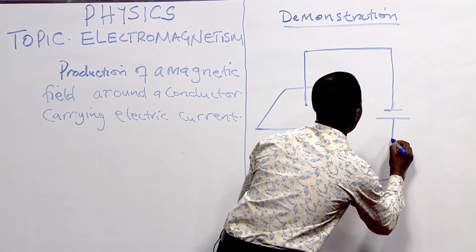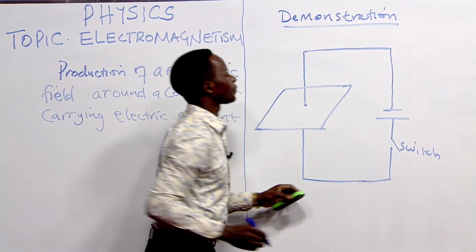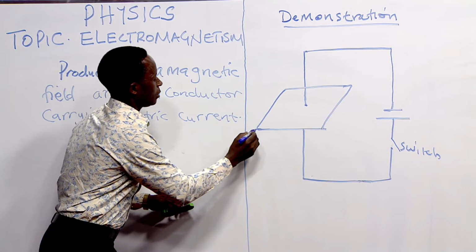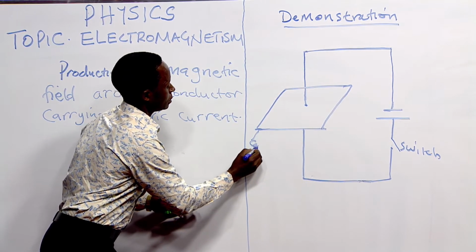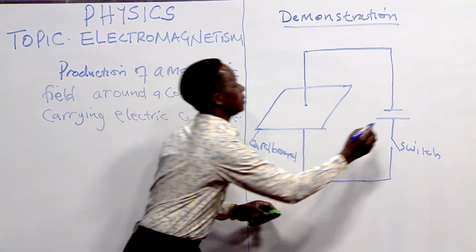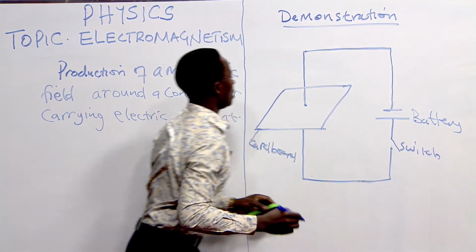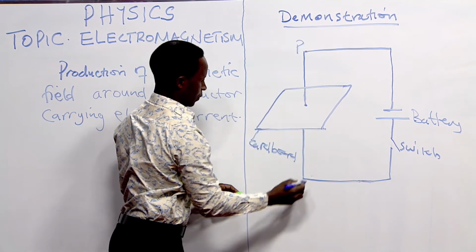And within that side have a switch. This is the cardboard. This is the battery. And we are talking about the wire PQ.